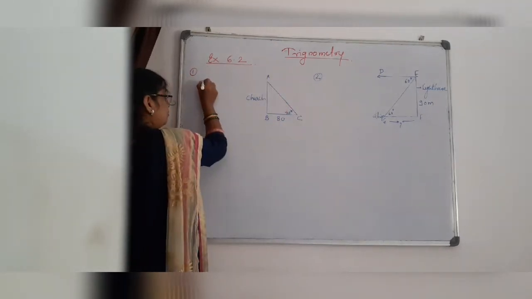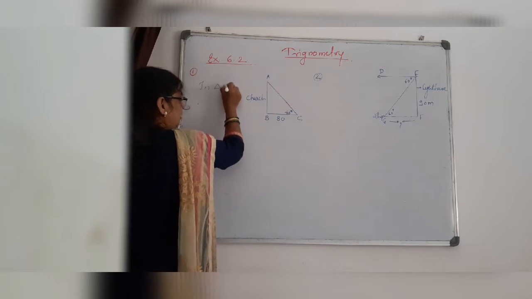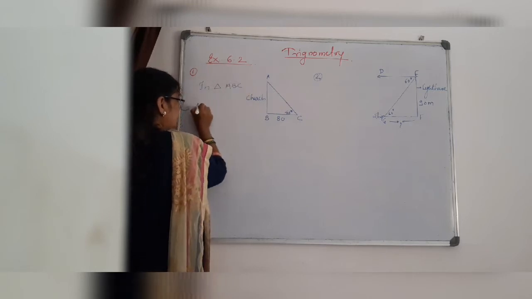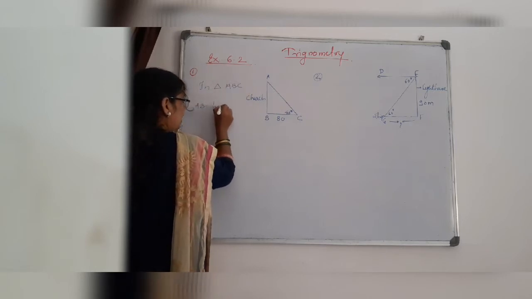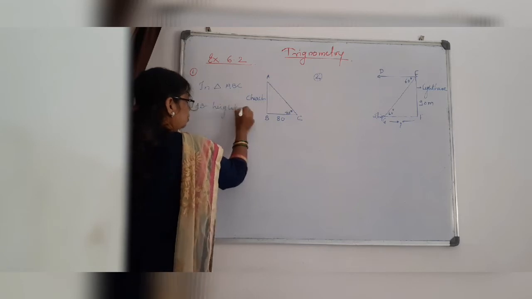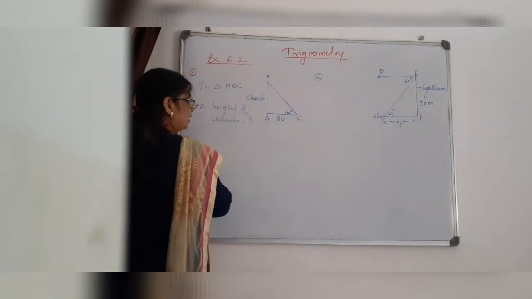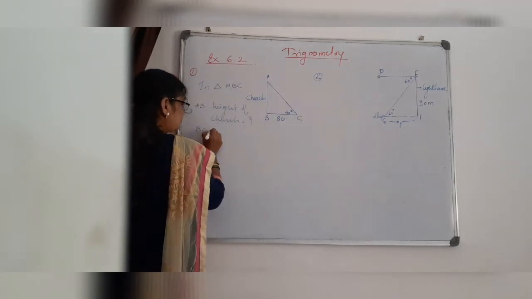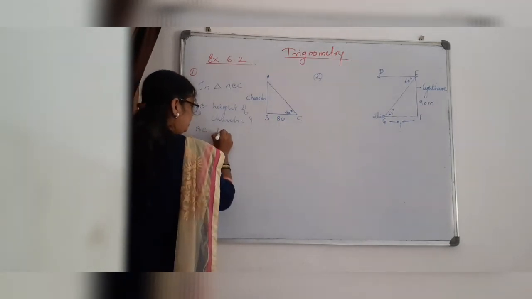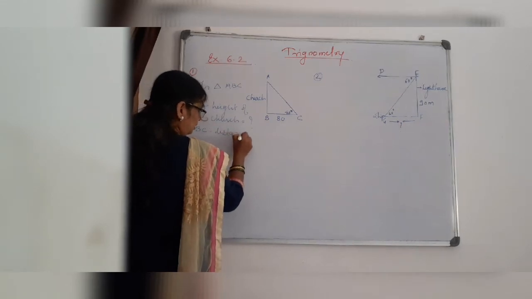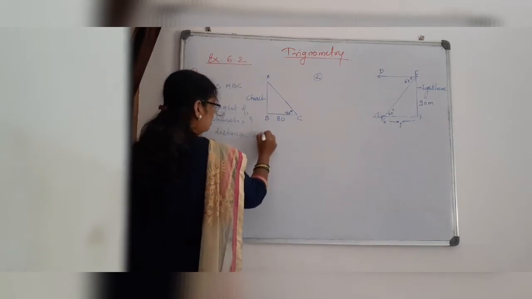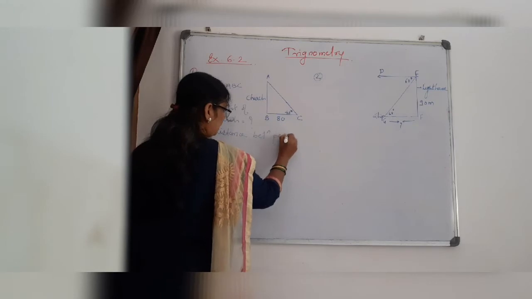So first write down what is given in the triangle. In triangle ABC, AB is the height of the church, that you have to find out. BC is the distance between the person and the church.